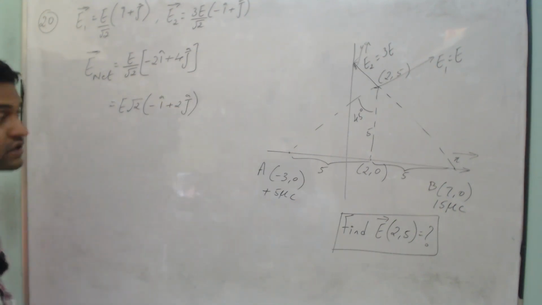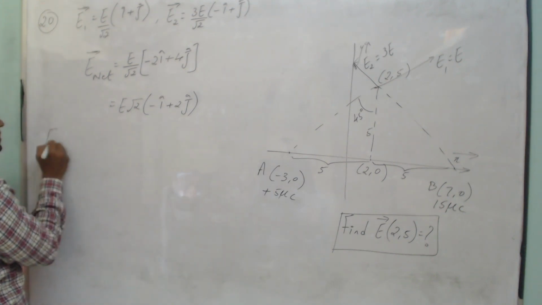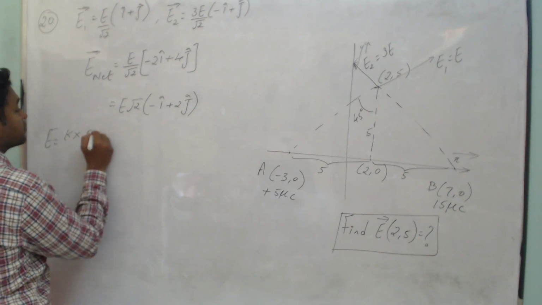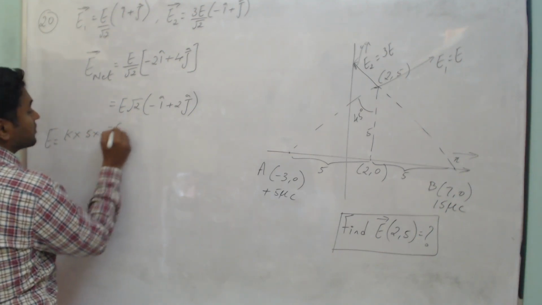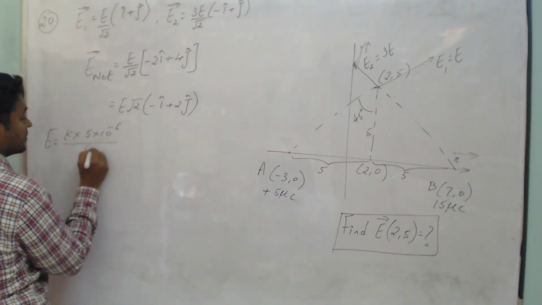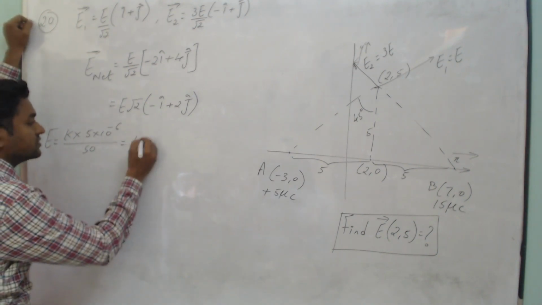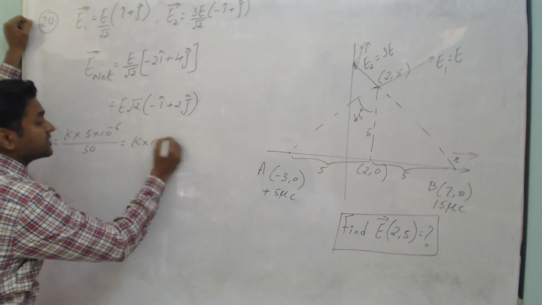What is E? E is equal to K times the charge, 5 microcoulomb, so K into 10 to the power minus 7.